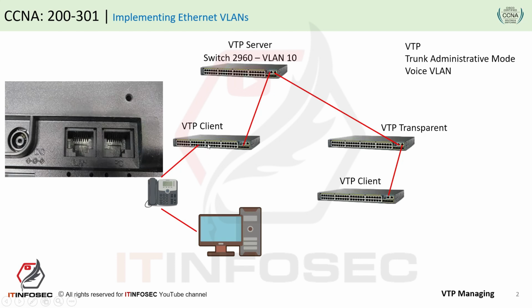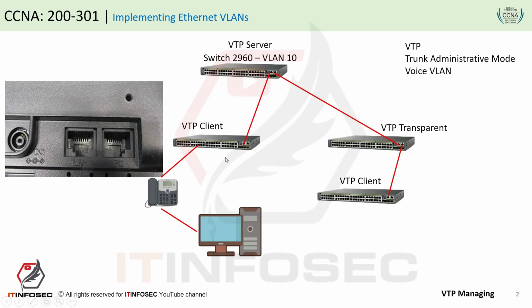Okay, one cable from one port of the switch goes to the LAN port on the back of the IP phone, and from the other port of the IP phone, which is named PC, one cable connects to your computer. But the important item is this: what happens in configuration?